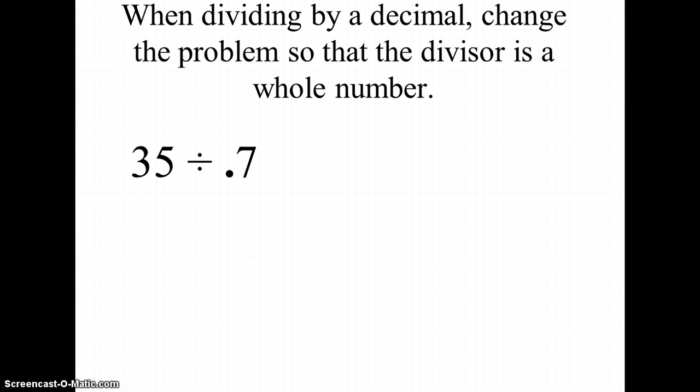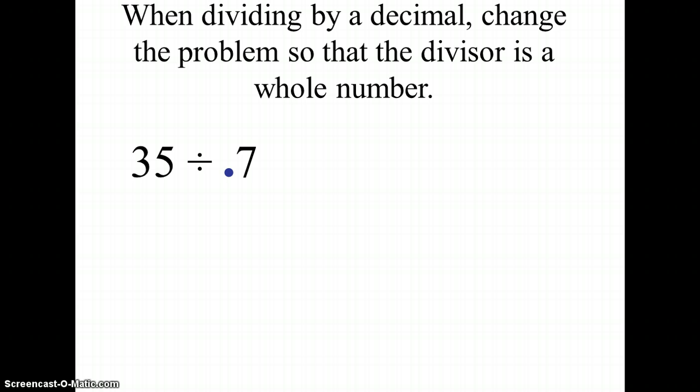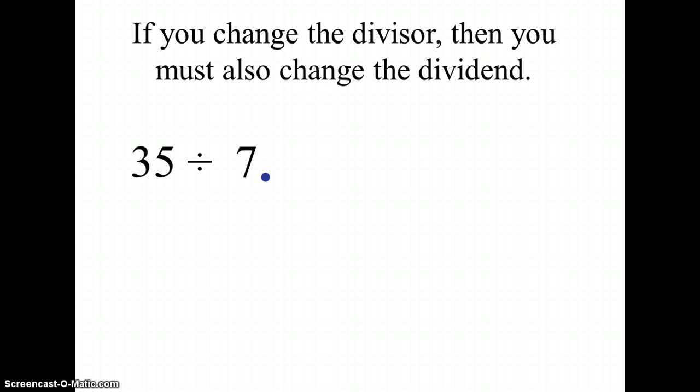When we're dividing by a decimal, we can change the problem so that the divisor is a whole number. I would multiply the divisor by 10 to make it a whole number. And look what happens when I multiply 7/10ths by 10. I get 7. But if I change the divisor, I have to change the dividend. I have to do the same thing.